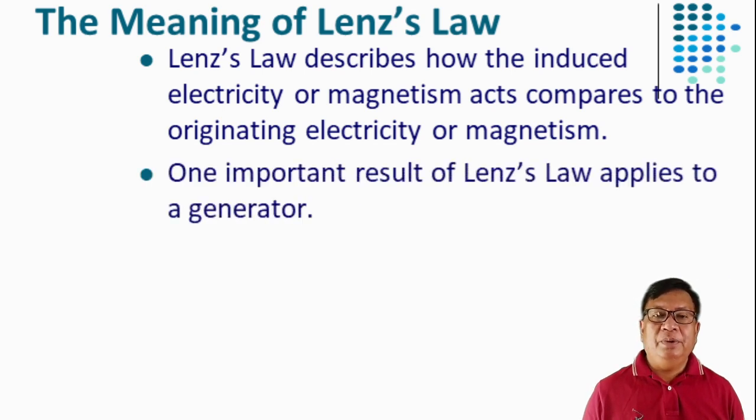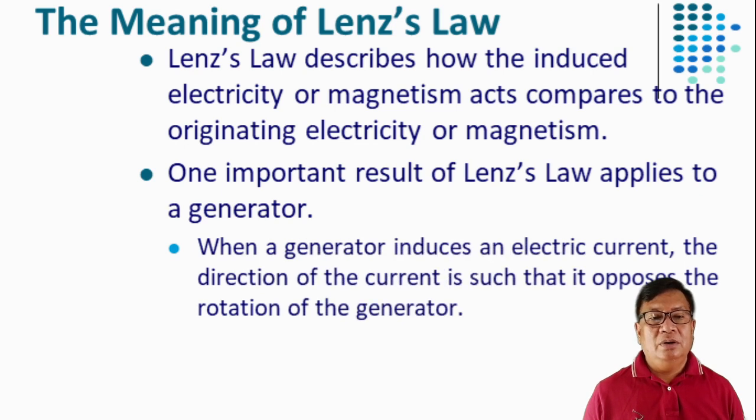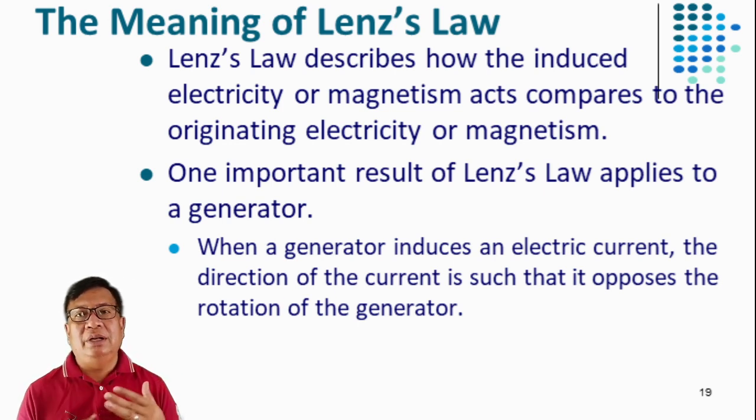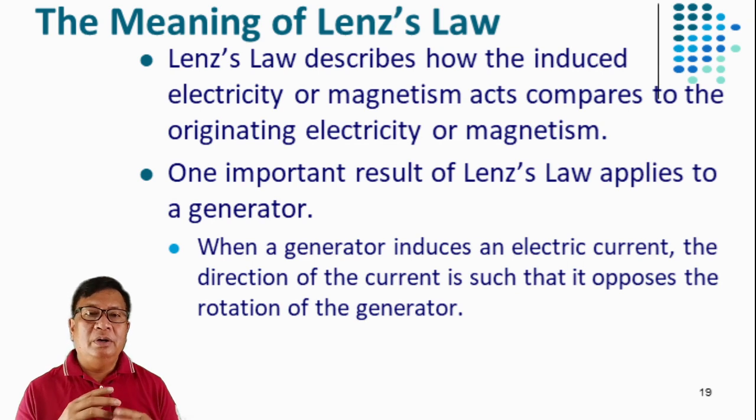Okay, so one important result of Lenz's law applies to a generator. So we will know later that this generator is a machine that converts mechanical energy to electrical energy. Therefore, from this mechanical energy input, it will have an output of electrical energy.